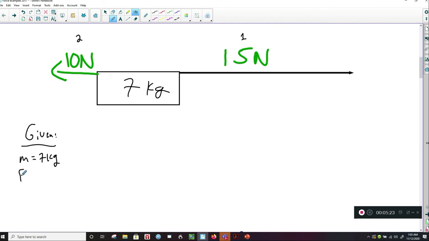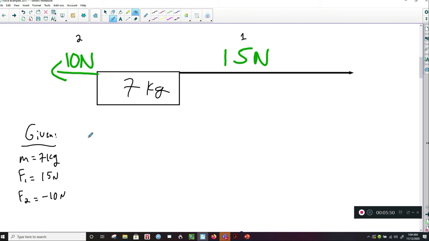So my force 1, I'm going to make 15 newtons. I say that because if F1 is positive 15 newtons, then F2 is going to be negative 10 newtons. Because they're going in opposite directions, you have to make one negative.